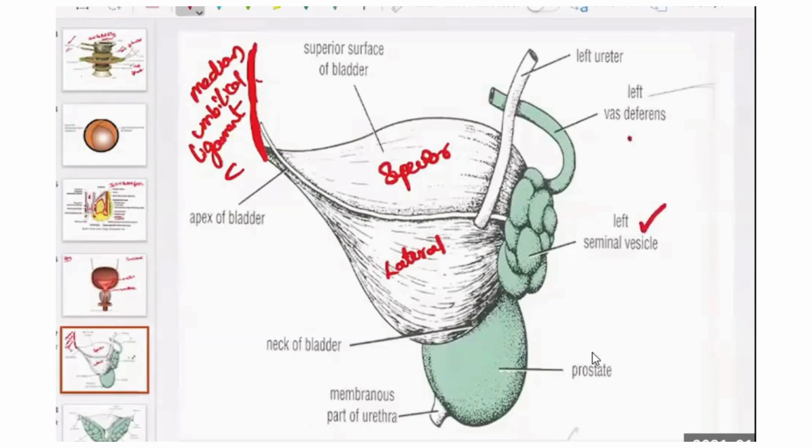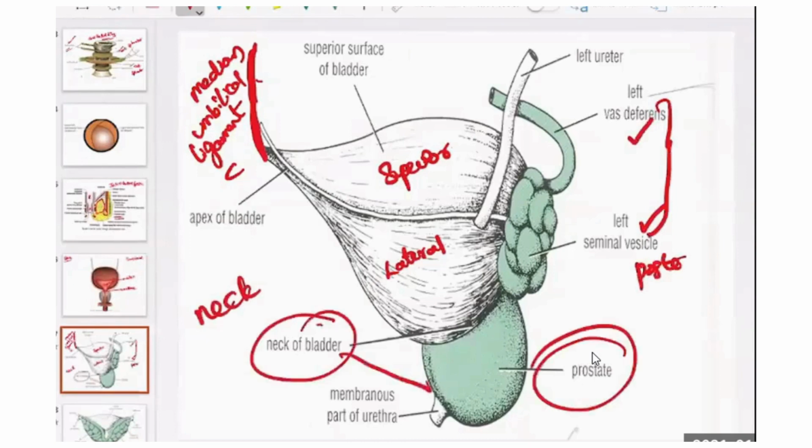What is related to the neck of the bladder? Prostate gland, surrounding the neck of the bladder. This is important. So this is the median umbilical ligament. Should remember.